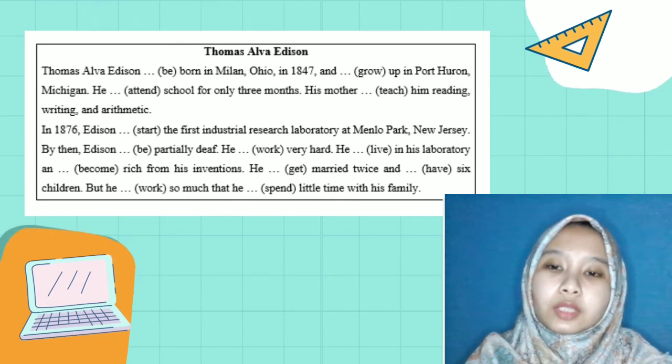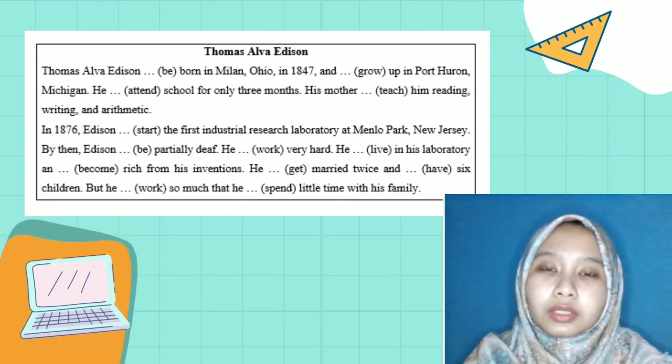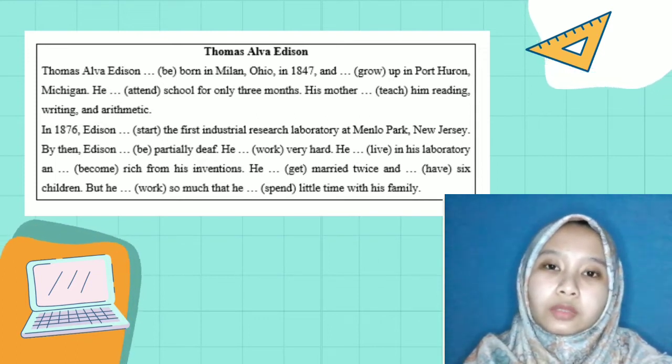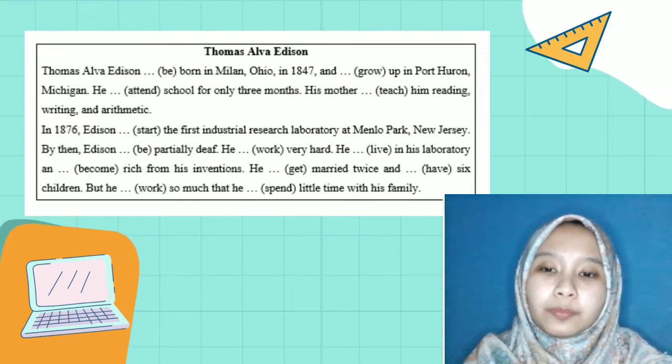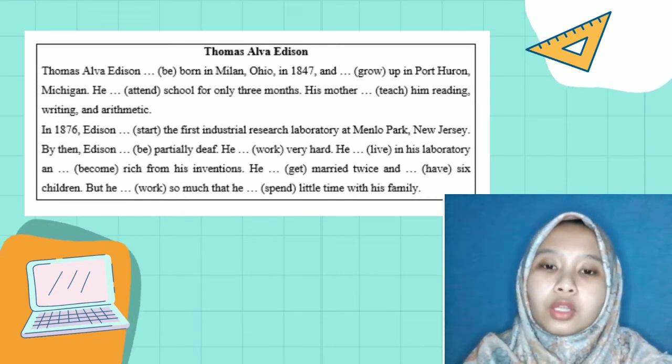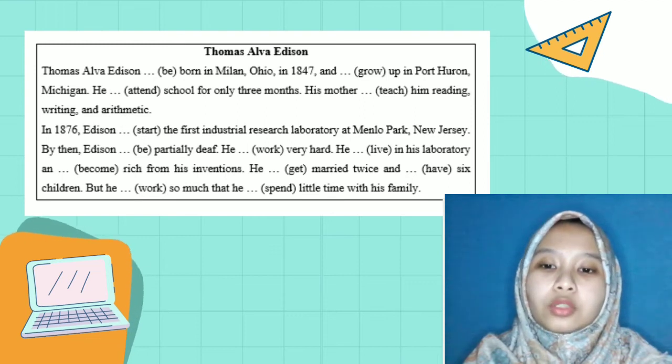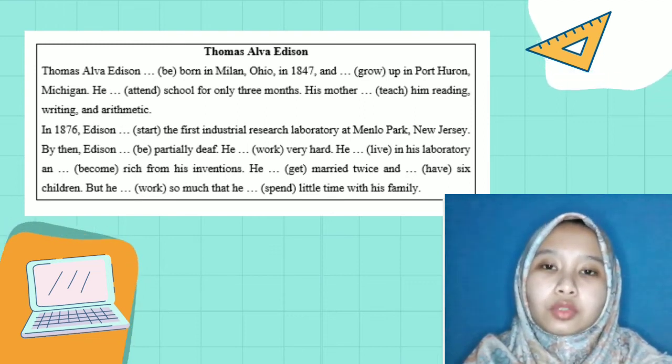This question is made for the simple past tense test, so students fill in the blank with verb 2 or past simple. Here I give the word verb 1 in brackets as a clue for students. So if they want the correct answer, then they have to change the word verb 1 to past simple.